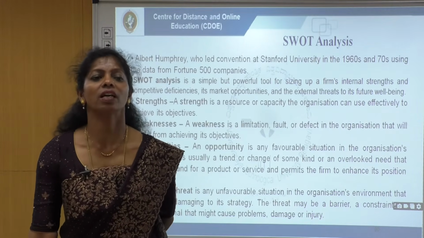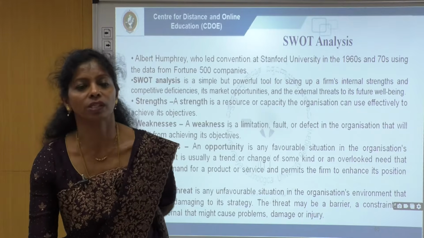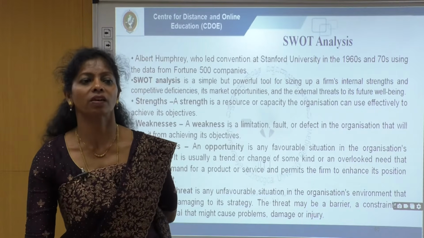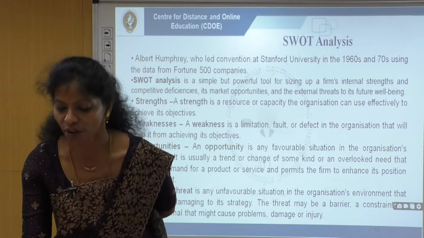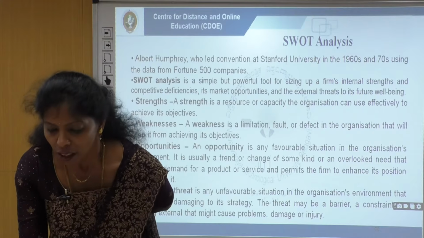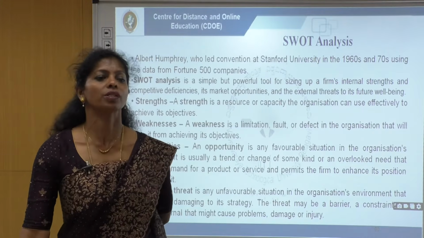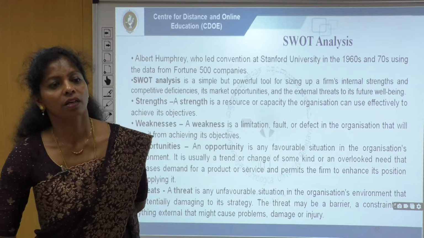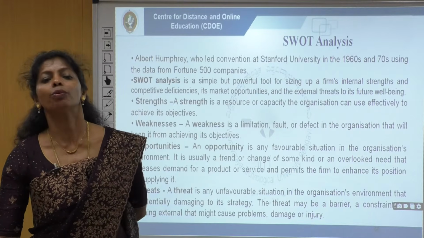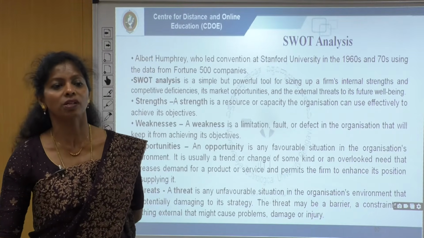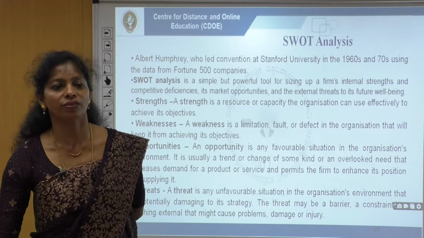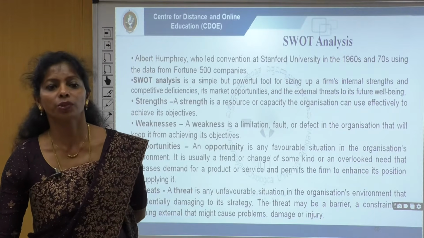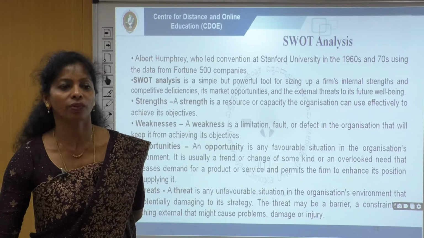As I told you, Albert Humphrey, who led the research at Stanford University in the 1960s and 70s using data from Fortune 500 companies, developed a technique which was used as SWOT analysis. According to him, SWOT is a simple, powerful tool for sizing up a firm's internal strengths and competitive deficiencies, its market opportunities and external threats to future well-being.